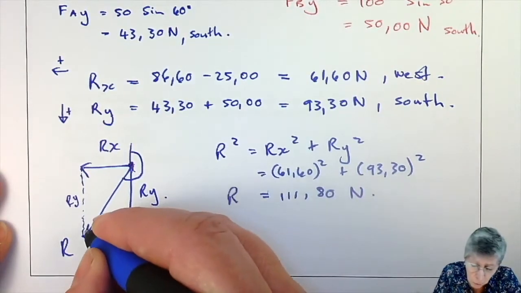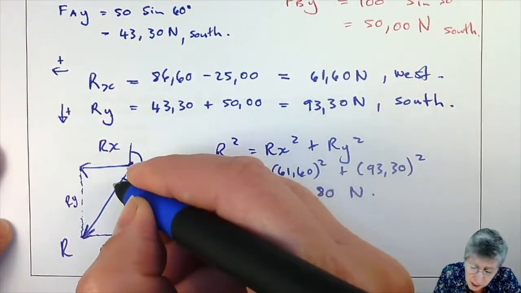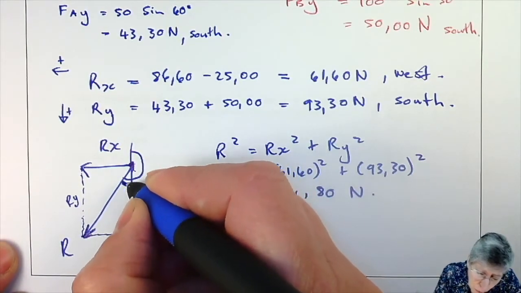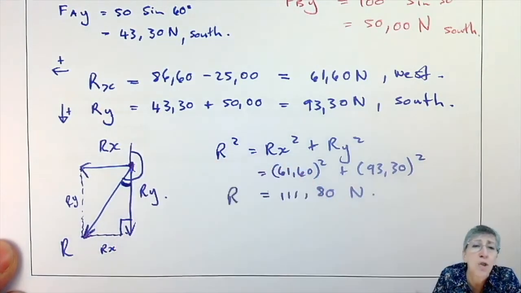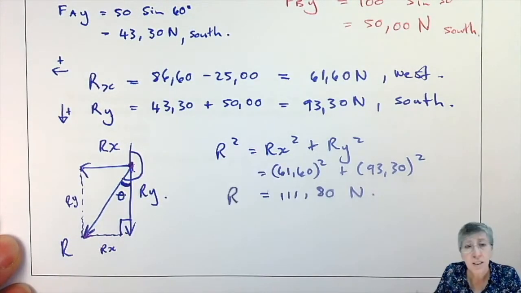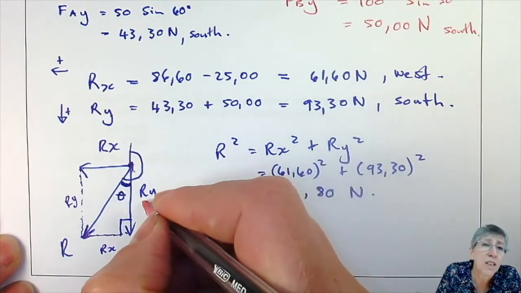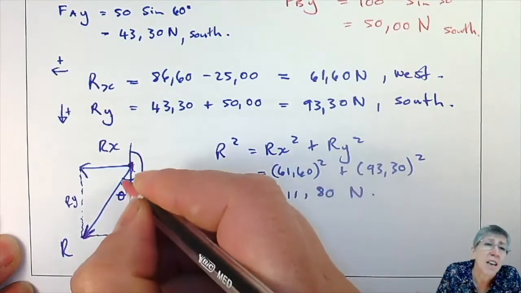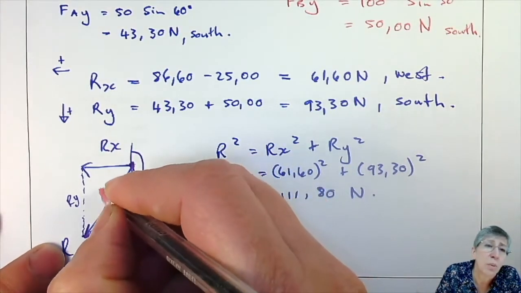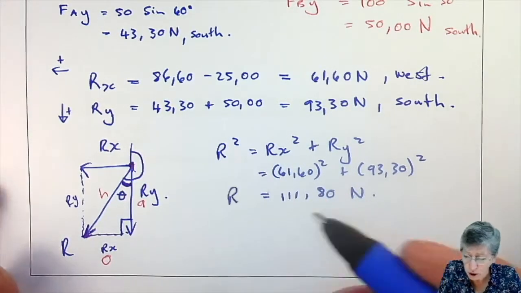Right, so if I want the direction of that vector, I need that angle. But first off, I will calculate this bottom one, and then I'll add it to 180. So I'm working with this angle. If I'm working with this angle, remember this one is going to be adjacent, that one is going to be opposite, and the final one would be hypotenuse, and we're not going to use that, right?